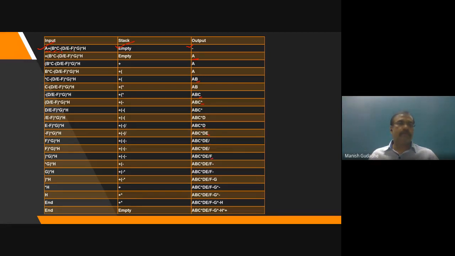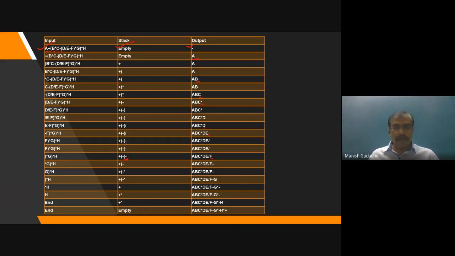Then comes the closing brace. As soon as I get the closing brace, what is our job? Pop all the elements from the stack till you encounter the opening brace. So we pop the minus symbol, put it in the output, and discard the bracket.